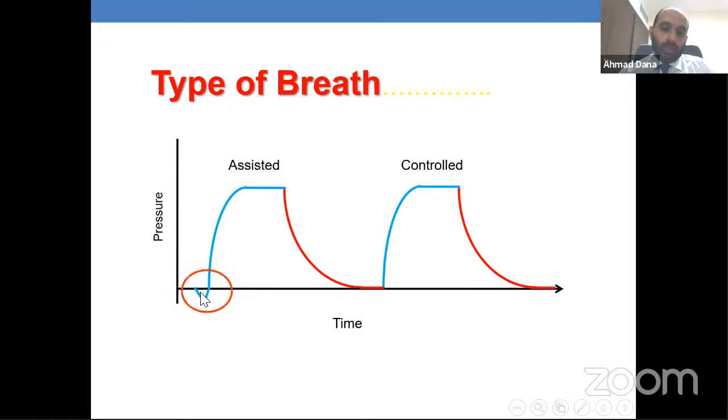So the patient initiates, then the machine will, as we said, synchronize with the patient and assist him. In control, there is nothing, so the machine will do it independently from the patient. Okay, so these are the triggers.